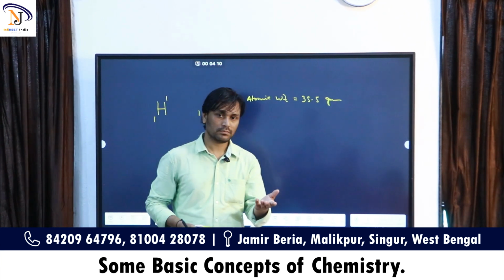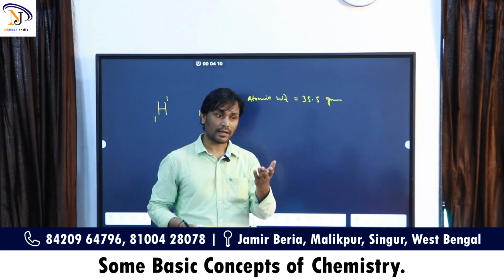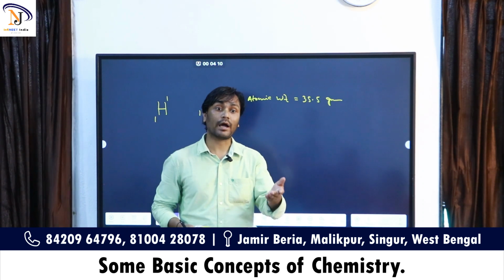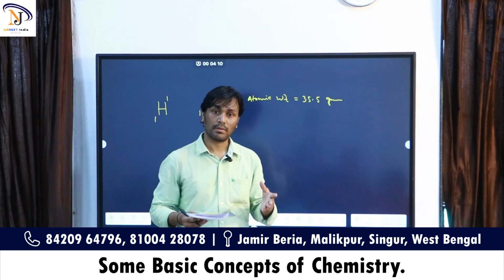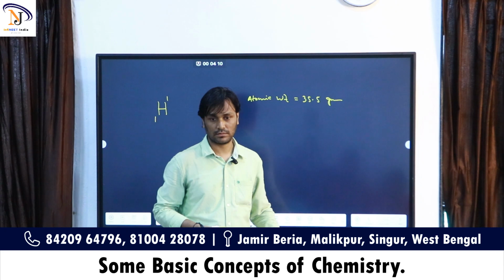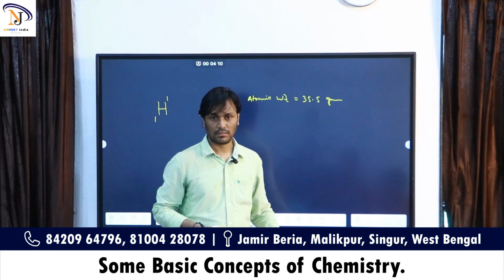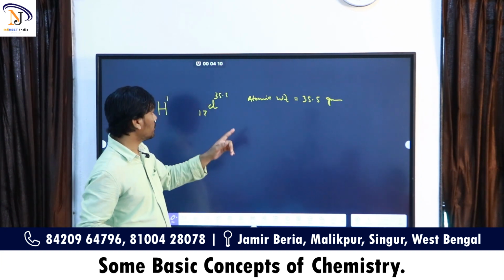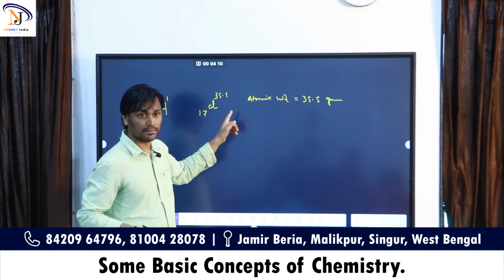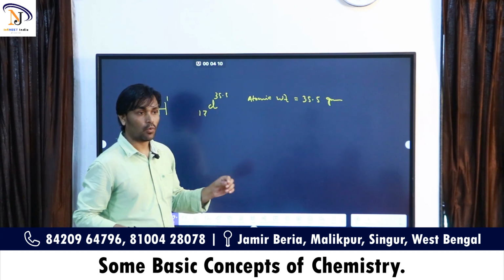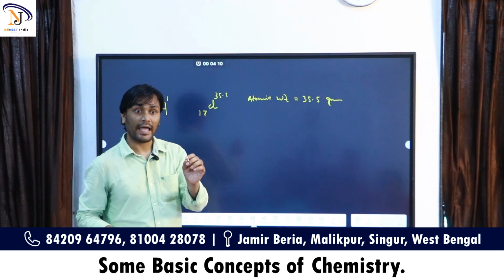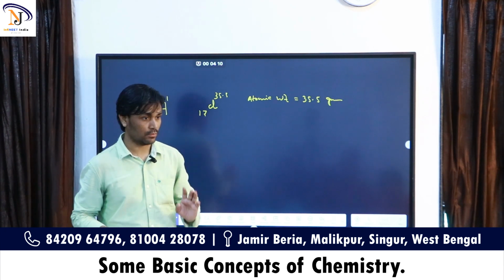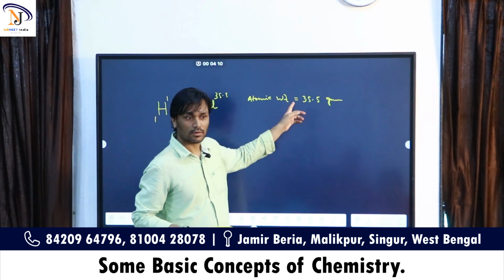One hydrogen atom, compared to that, it is 35.5 times heavier, more weighted. That's why the atomic weight of chlorine is 35.5. But when the question is what is the actual mass of a chlorine atom, this is not the actual mass of a chlorine atom.